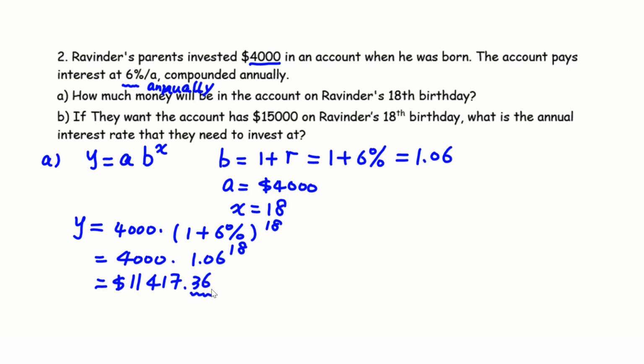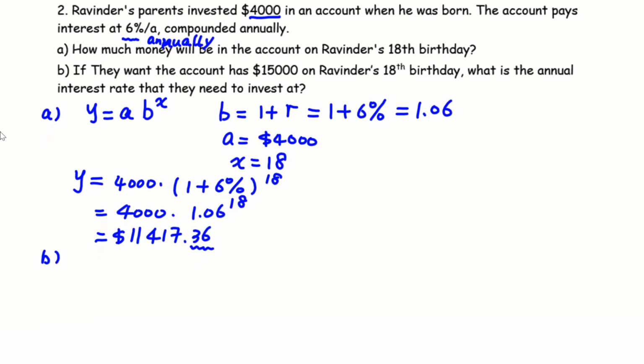That is 36 cents. And this is for question A. For question B, it asks if they want to have $15,000 in the account, what interest rate they need to invest.